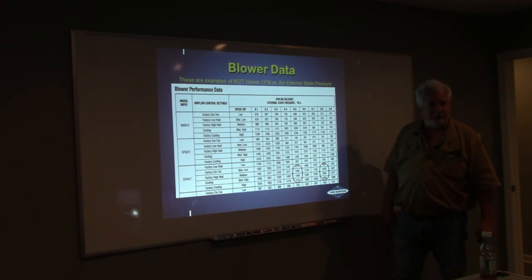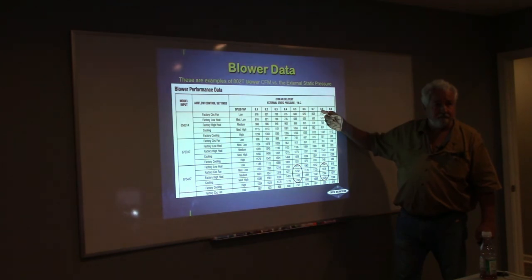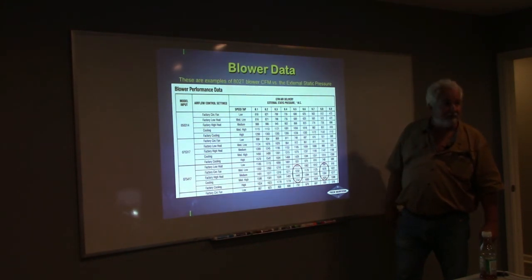Well, if it's a 4-ton unit, I'd be okay. If it's a 5-ton unit, I'm going to be a little shy, right? So if it's 0.8, what am I going to have to do? If I'm moving 1625 on a 0.8 and I have 5 tons of air, what am I going to have to do to this static pressure to be able to get more CFM? Bring it down. How am I going to bring it down? What do I have to do to lower my static?